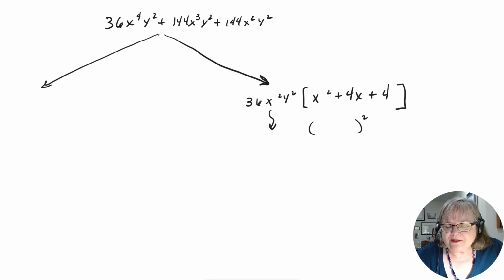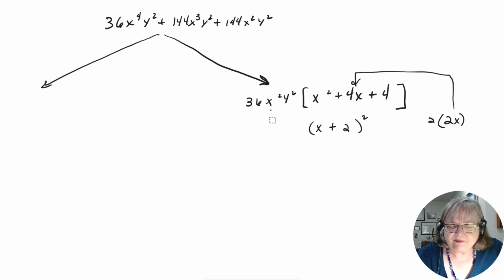So the square root of x squared is x, the square root of 4 is 2. I use this first sign. 2 times x is 2x. If I double it, does it show up here? Yes, it does. So that is that factor. And I need to remember to bring down this common factor that I factored out.